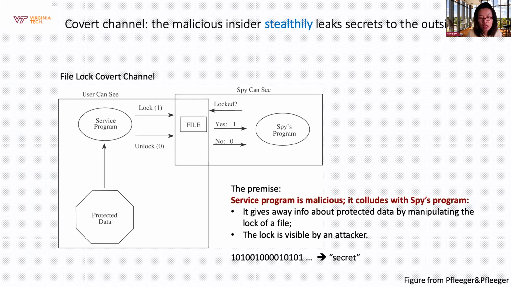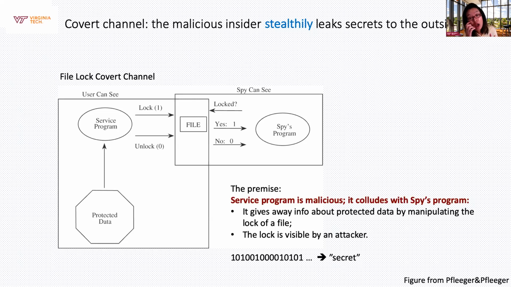And the spy, the outside attacker, would not be able to directly observe the PIN, but would be able to observe whether a file is locked. You may ask, what does it mean for a file to be locked? Just think of whether a file is writable or not, something like that.